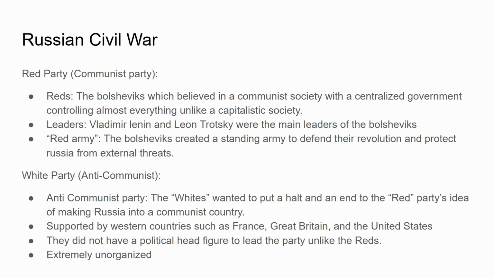But the anti-communists were supported by the Western powers, fearing that a communist Russia would become powerful, or that communism would spread throughout Europe. Next.